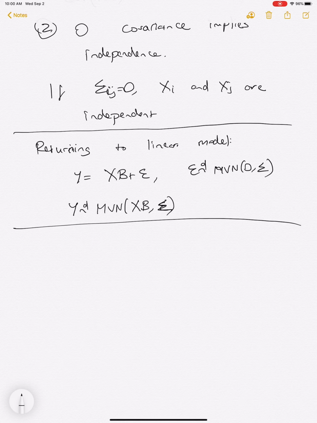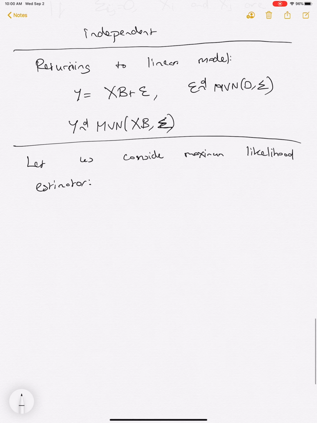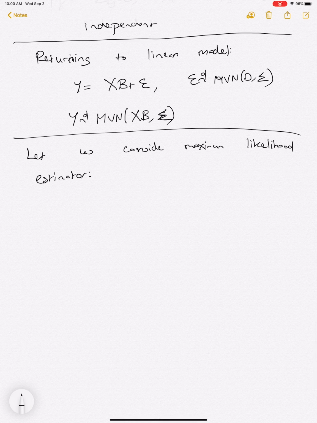Because we've now specified the full distribution of y, we're in a position to work out what a maximum likelihood estimator is. In the previous lecture, we calculated the least squares estimate because we didn't actually specify the complete distribution of the noise.